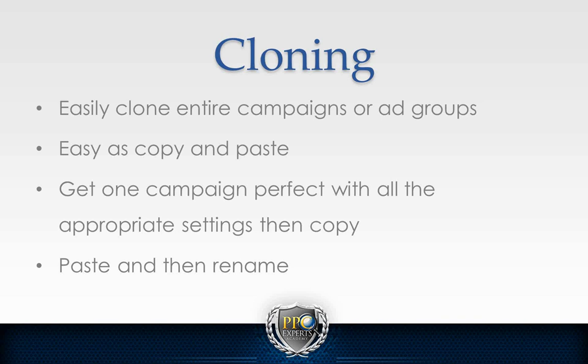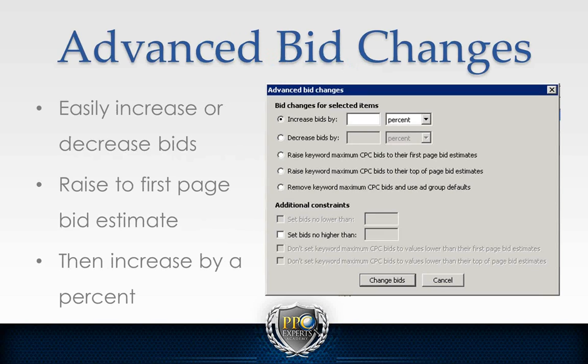And then we're going to clone the entire campaign, which is more than just the campaign. It's going to be the campaign, the ad groups, the keywords, and the ads. And all you're going to do is copy and paste it back into AdWords Editor. And once you paste it, all you're going to need to do is rename it. It's so simple, it's so fast, and when we do the live walkthrough, you'll see.